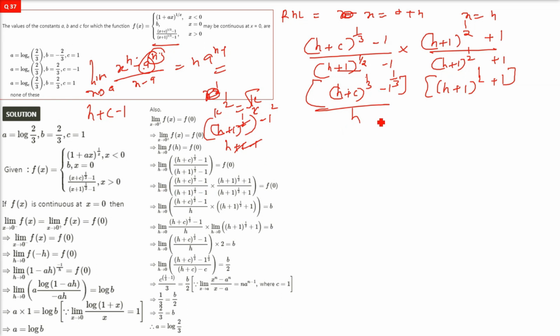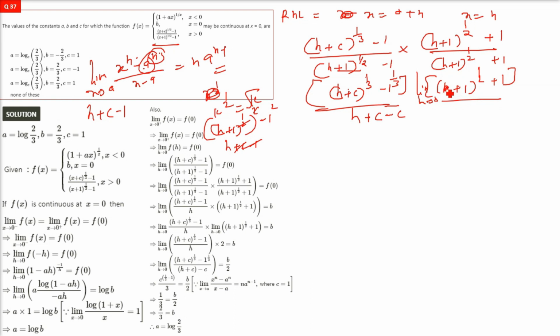When we have h plus c minus 1 in the denominator, and since in the answers we see c equals 1, this is a point you have to understand really well. See, h was already there. We have to include certain thing and subtract something so that it becomes h plus c minus 1.